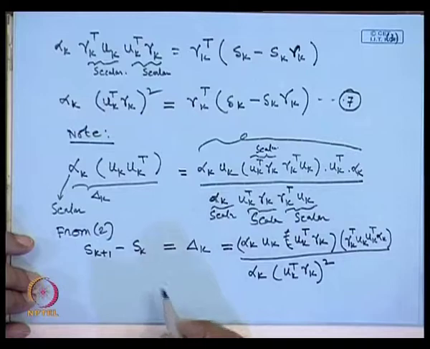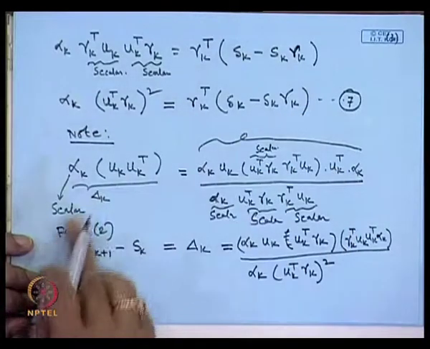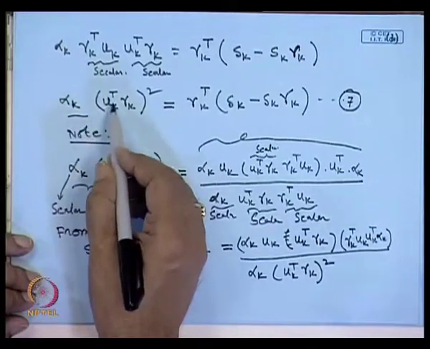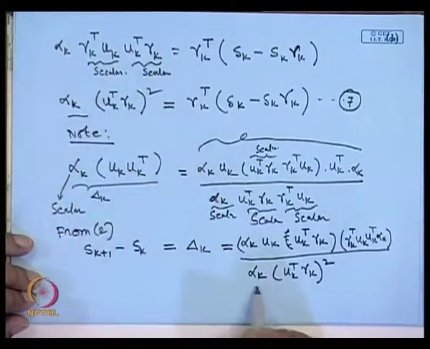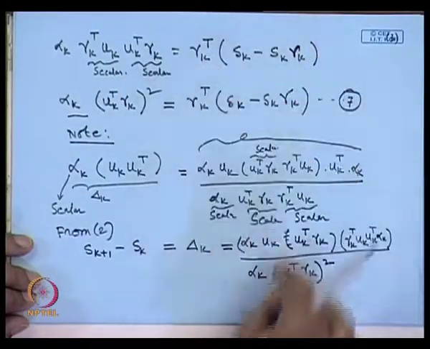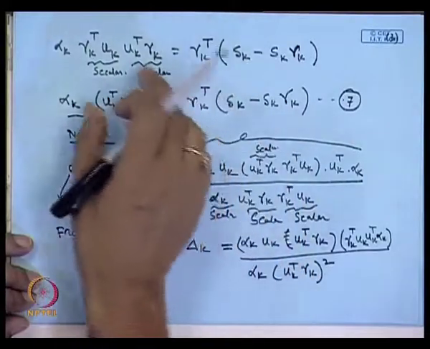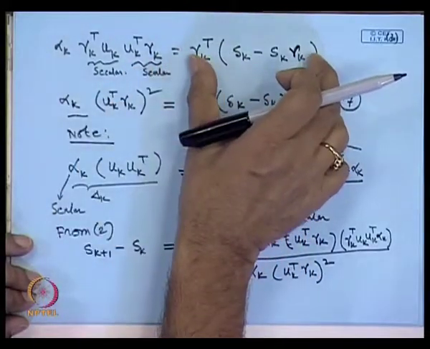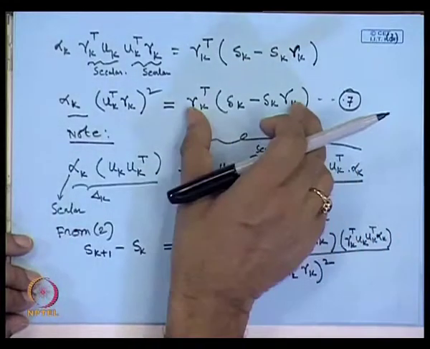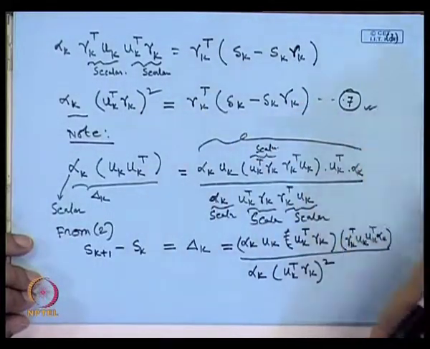From 6 and 7, in that expression with alpha k u k gamma k square, the denominator expression I can replace by that one, or you can replace it by equation number 7.